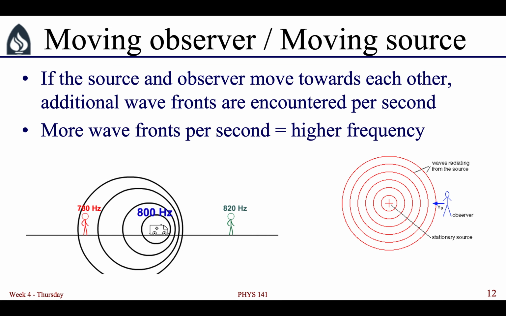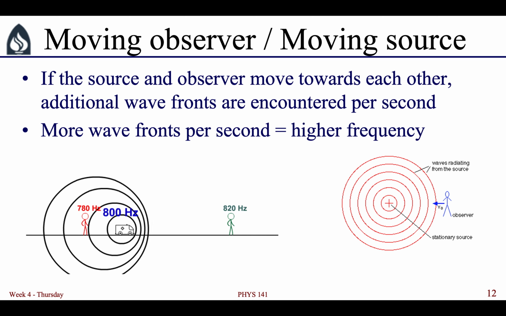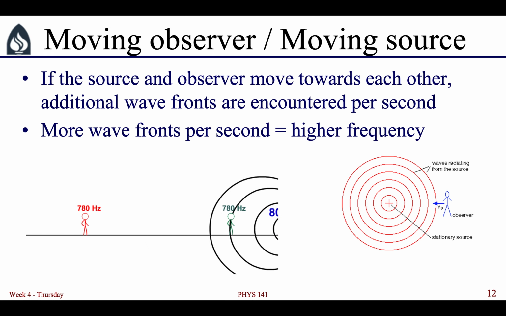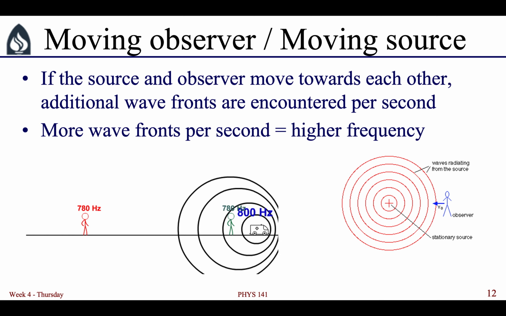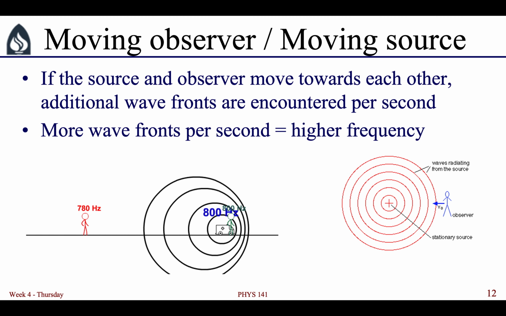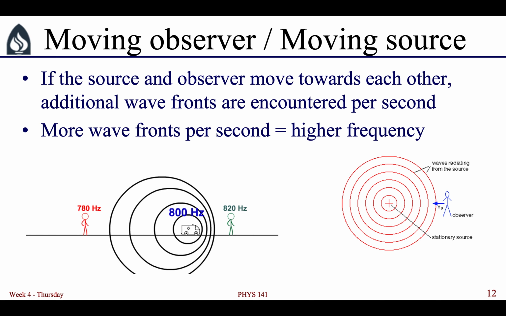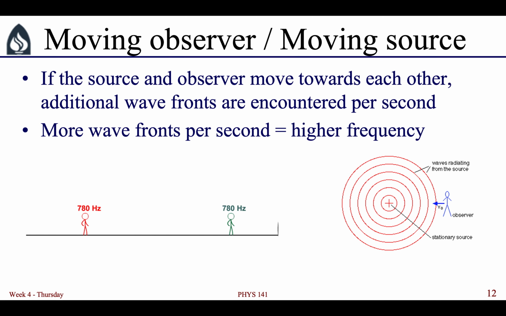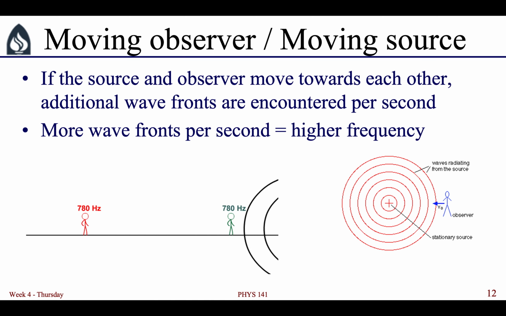On the other hand, if you have either a moving observer or a moving source, then there will be a shift in the frequency that is received by the observer. If the source and the observer move towards each other, there will be additional wavefronts encountered per second. You can see in the cartoon animation below a source that's emitting 800 hertz.